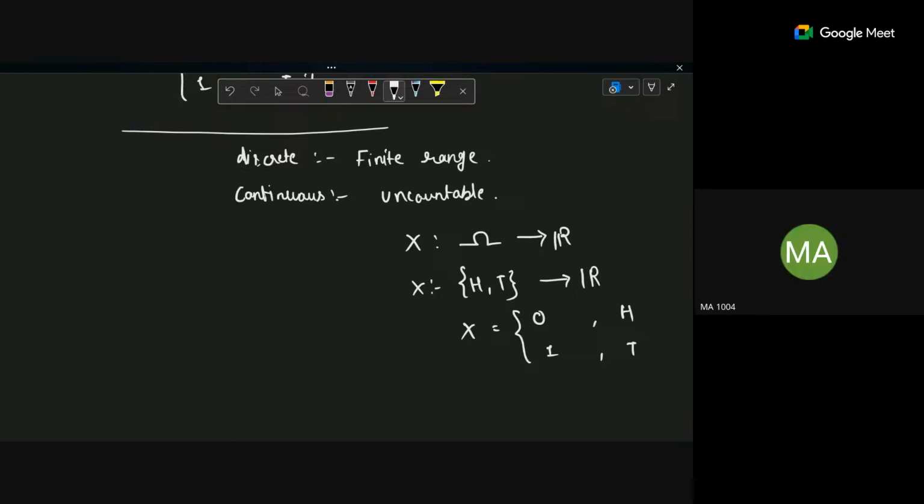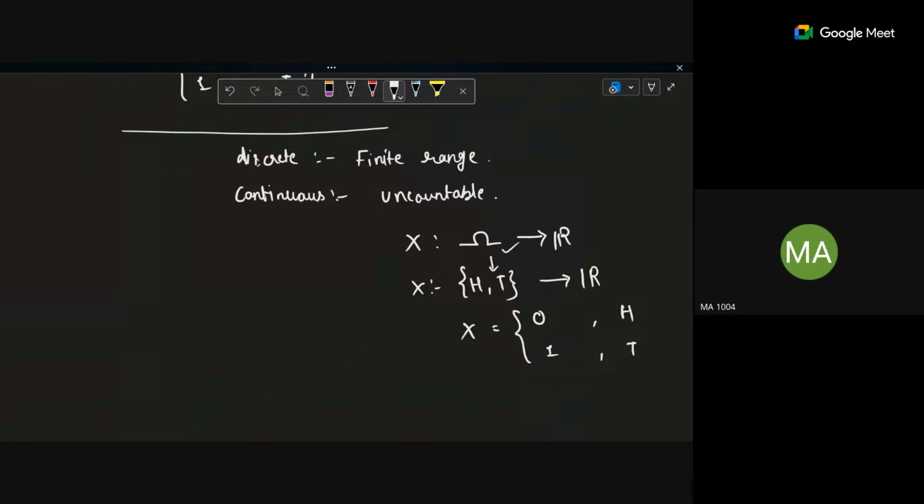But this was the event which was taking finite values. So here it worked. But some events will take uncountable values. Let's say the meteoroid weight that sir has discussed in the class, right? Or if you want to calculate the height of the persons on the earth, at that time this sample space omega will not be this small, right?